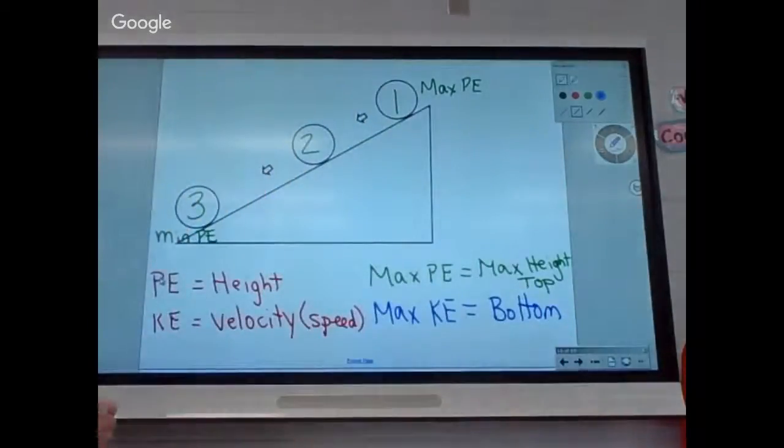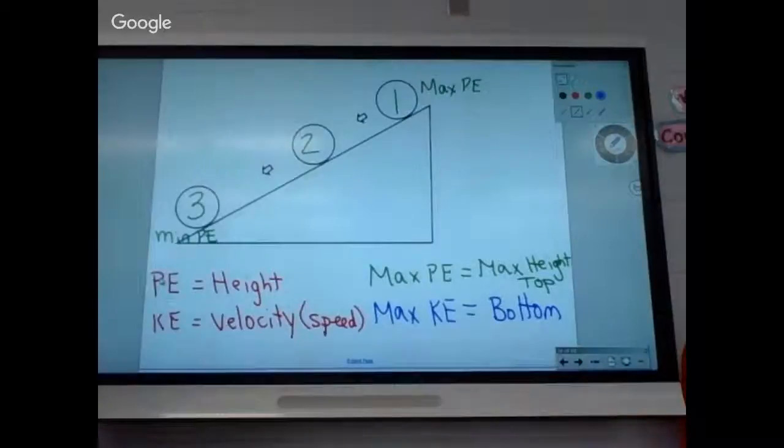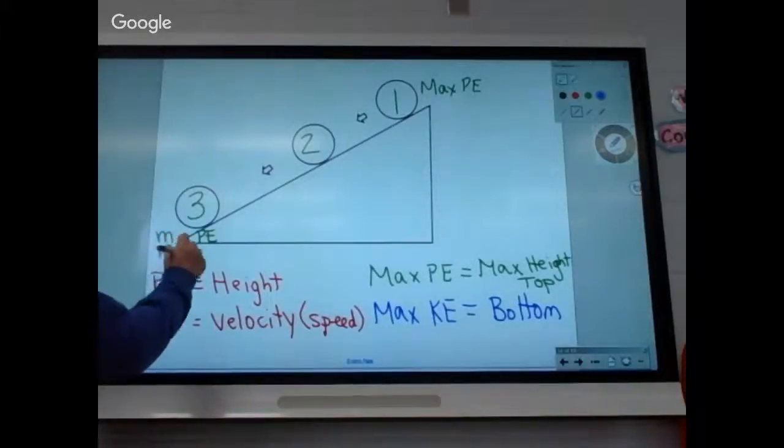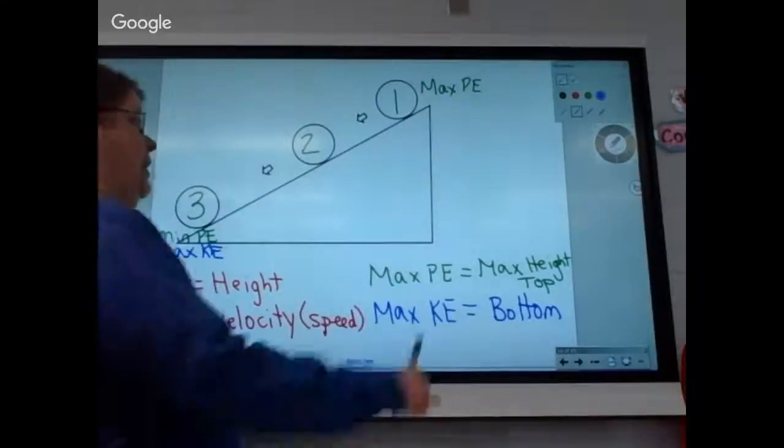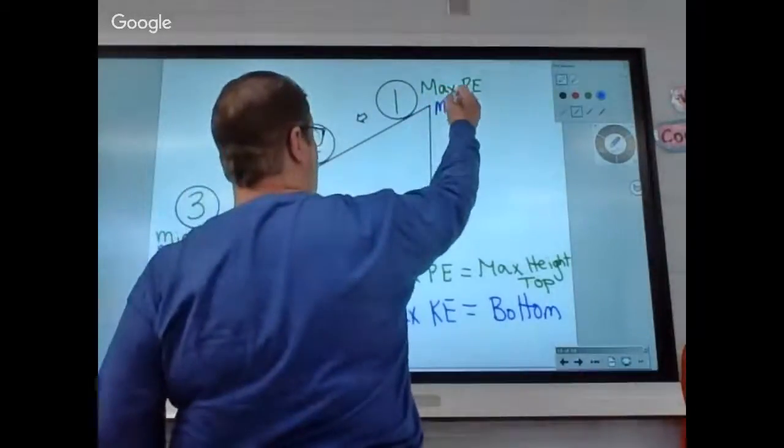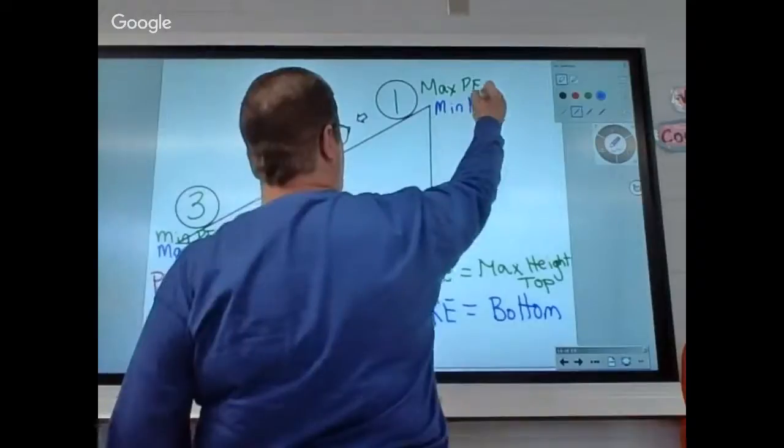So when you're looking at this, who is going to have the greatest speed? 1, 2, or 3? So the maximum kinetic energy is at 3. So where would the minimum kinetic energy be? It'd be the exact opposite. So the minimum kinetic energy is at the top.